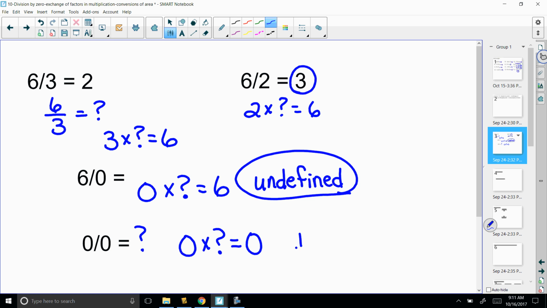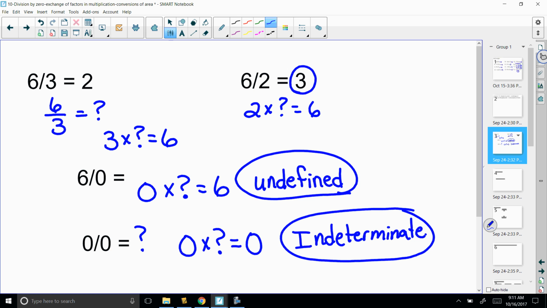So this is what is considered to be an indeterminate. It exists because 0 times something is 0. It's just that we can't determine what that value is because it's any number. So we refer to it as an indeterminate.